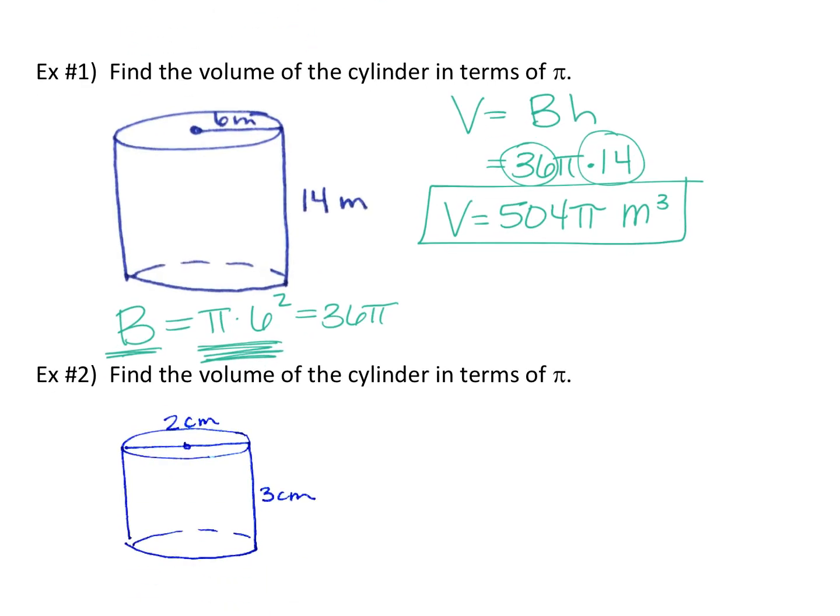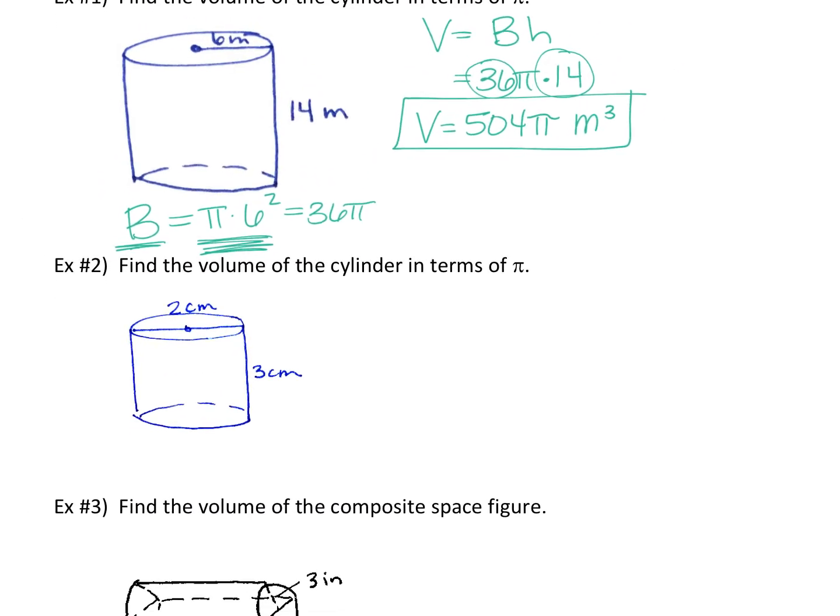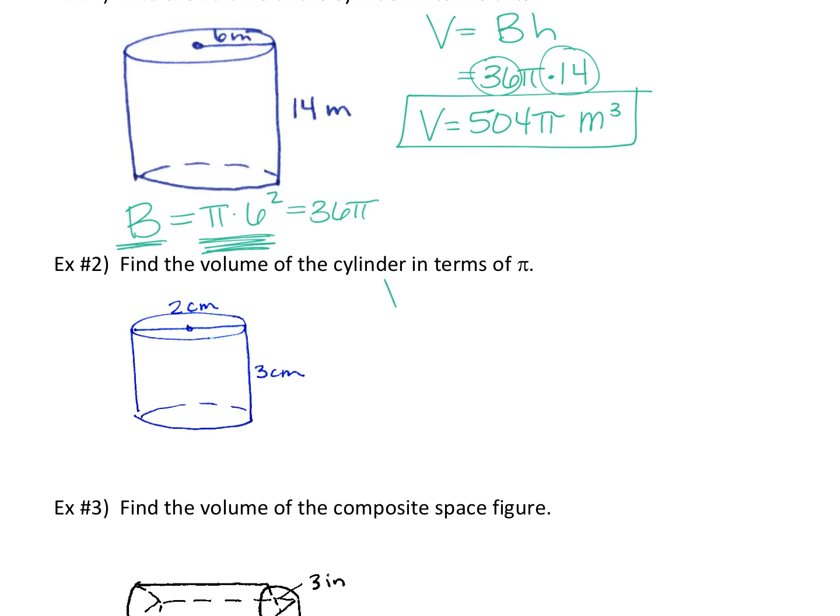Okay, so you try number 2. Find the volume of this cylinder. We know the formula, B times H. Solve it. It's a little bit different. Not a lot of bit different, just a little bit different.